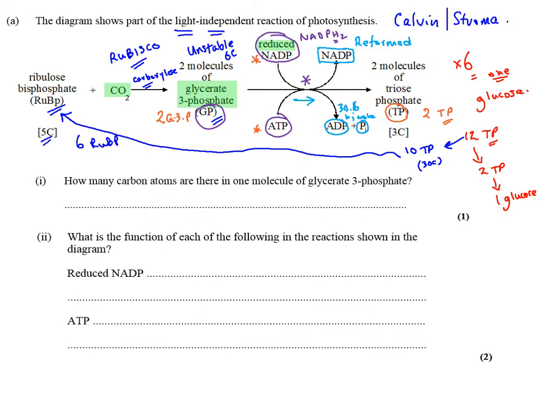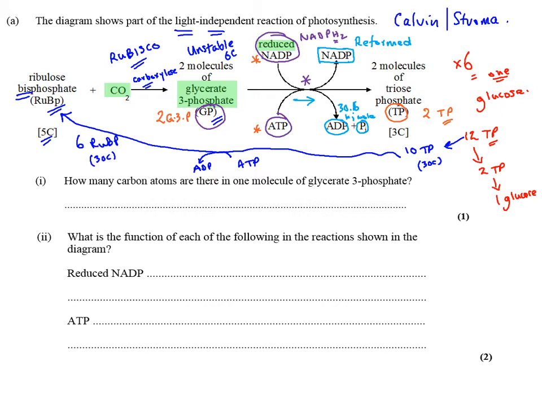Now because these are 5 carbons, if you've got 6 of them, we get 30 carbons in total. So 10 triose phosphates, which is 30 carbons, are needed to make 6 ribulose bisphosphate molecules, which again is 30 carbons, and that also does require ATP. But this time the phosphate group is actually needed to help make ribulose bisphosphate. Bis means 2.